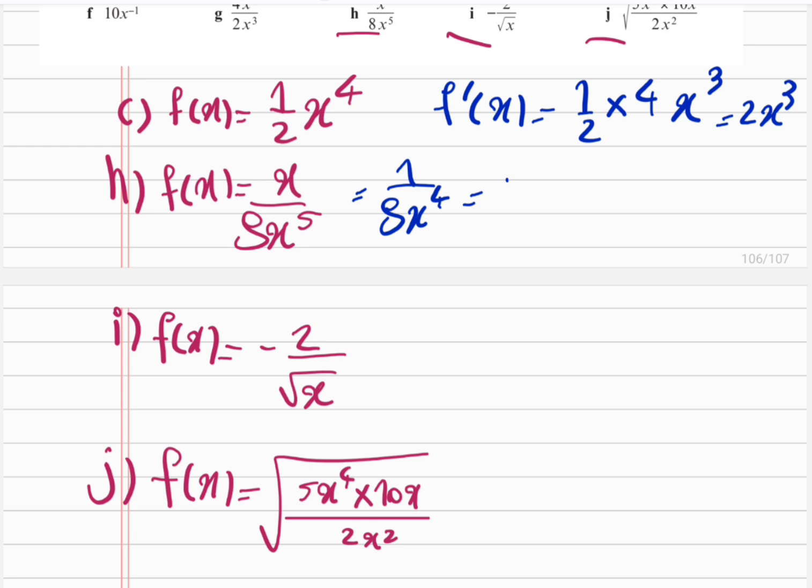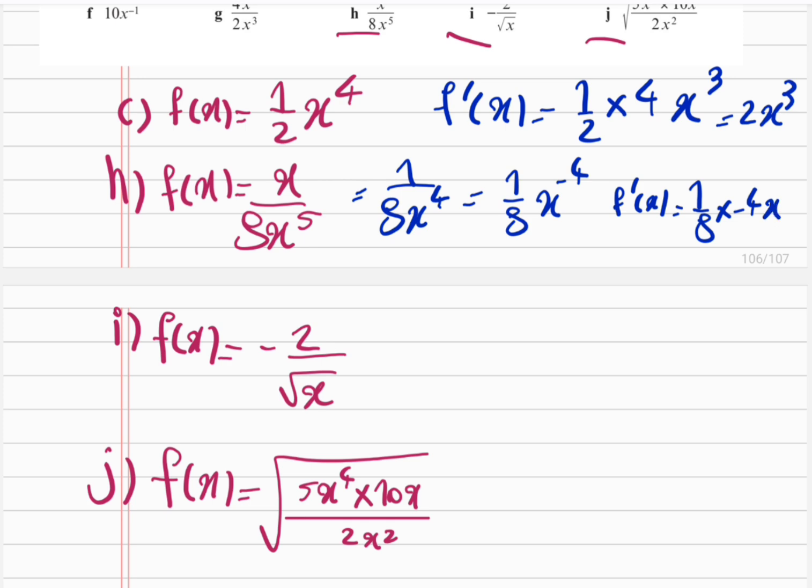So what we can do is that we can write down 1 over 8 and then use negative powers, so it becomes 1/8 times x to the power minus 4, so that it is in the form of x to the power of n. And now we can differentiate this. So the derivative is equal to 1 over 8 times the power, which is minus 4.